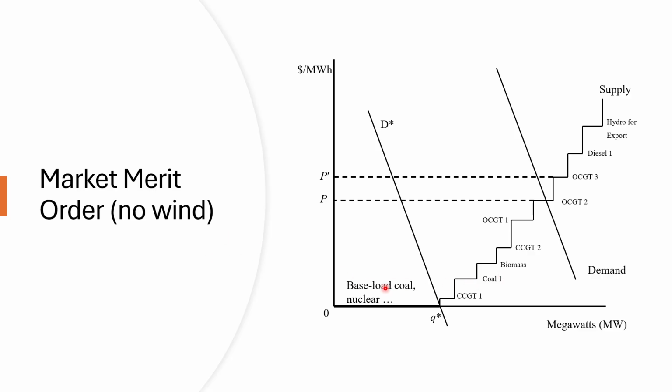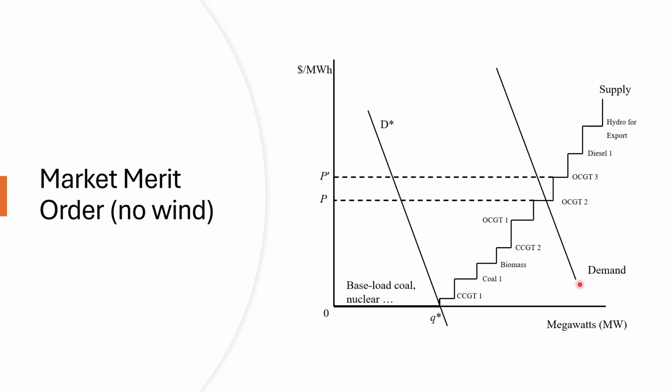Now, here would be the market order if we include a number of different generators. So for example, here we have base load generators, and if D star occurs, they'd be the only ones operating. Here we have a combined cycle gas turbine, another coal plant, a smaller one perhaps, a biomass plant, combined cycle gas turbine 2. We have an open cycle peak plant here, another peak plant.